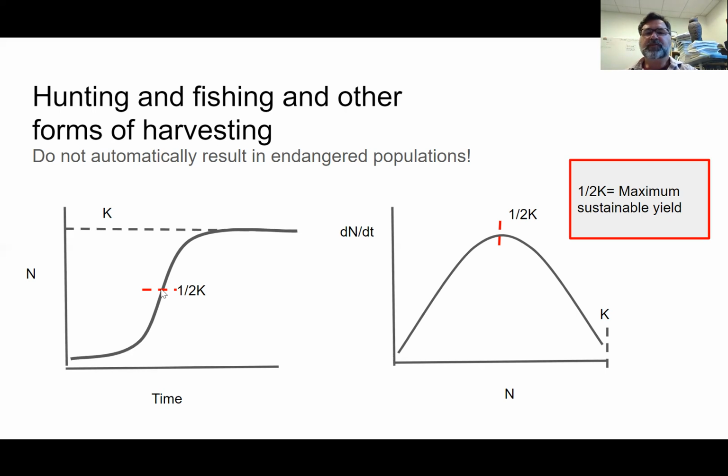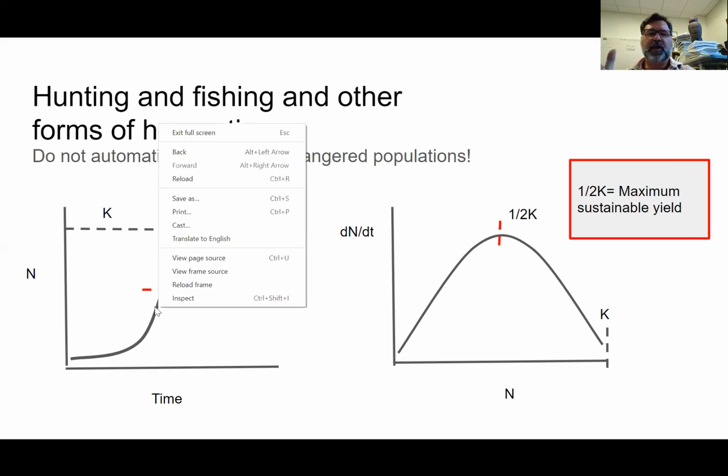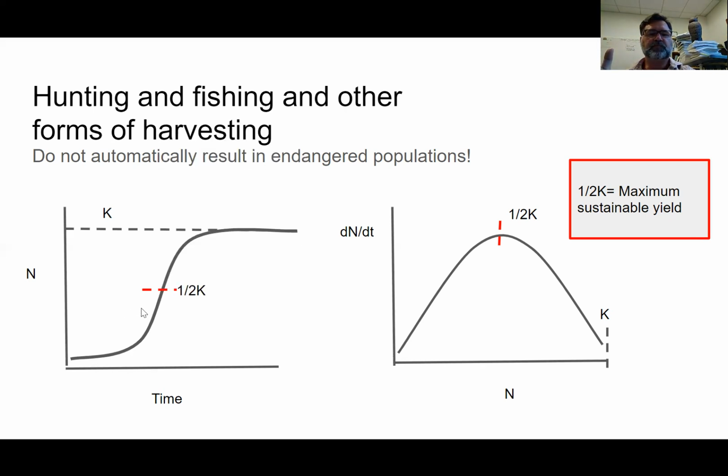If you harvest beyond the maximum sustainable yield for that scenario, so if you're harvesting trees every 25 years, and that is half the carrying capacity. If you start to harvest more than that, you will not get the regrowth you need to have that as a sustainable management strategy.